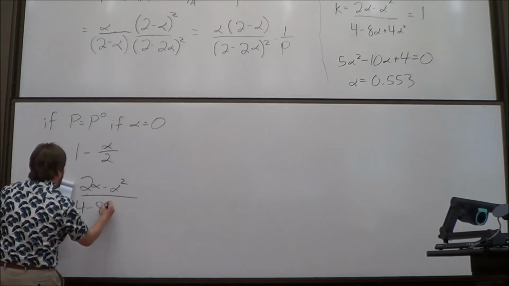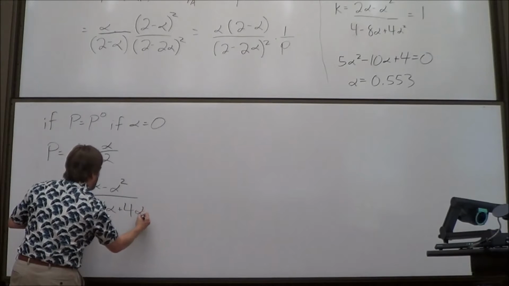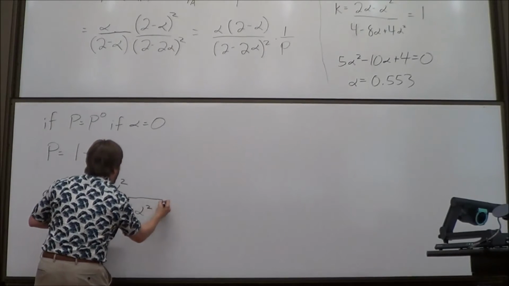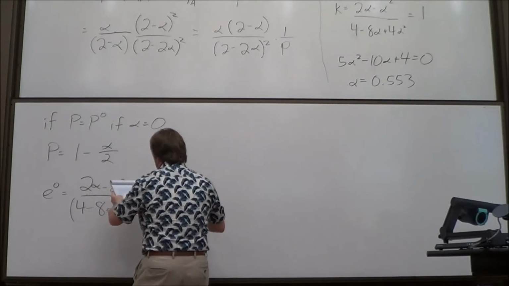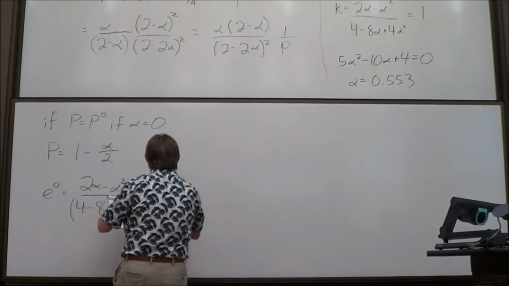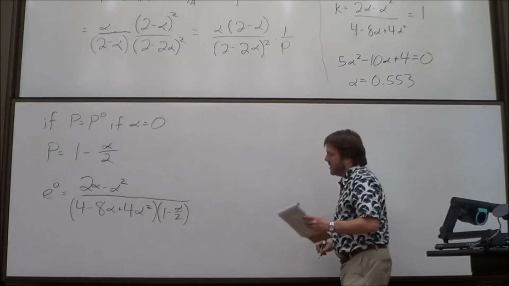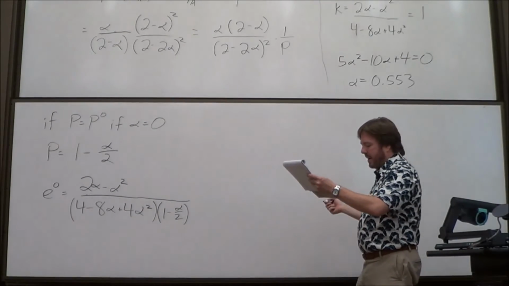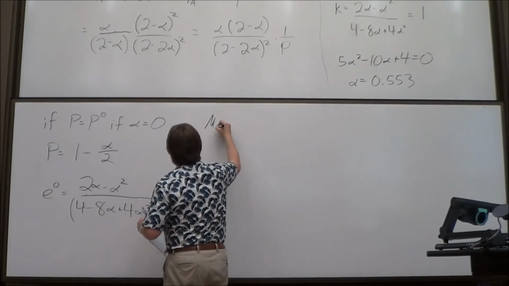Okay, so I've got what I had before, plus 4 alpha squared. And in addition to that bit that I had ignored, 1 minus alpha over 2. Now then you solve on Mathematica, and okay, I'll write that down.